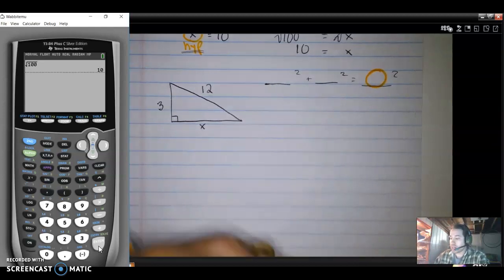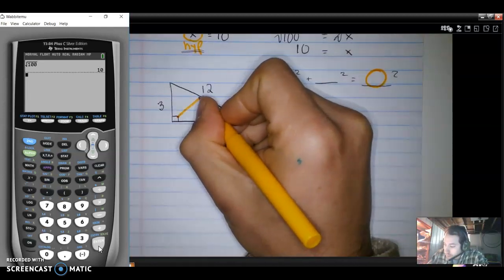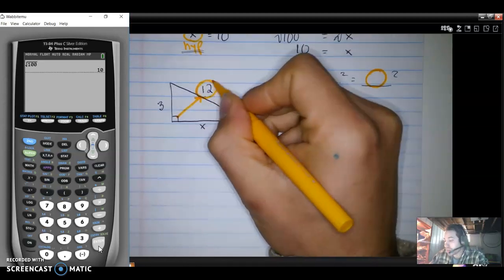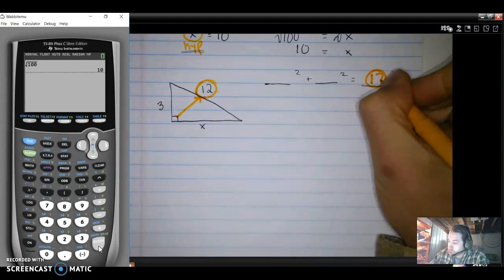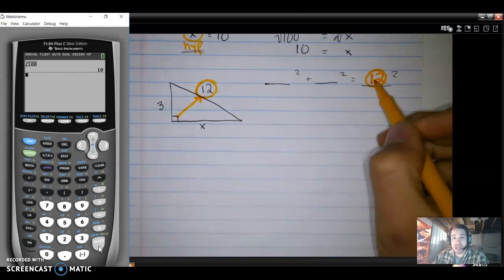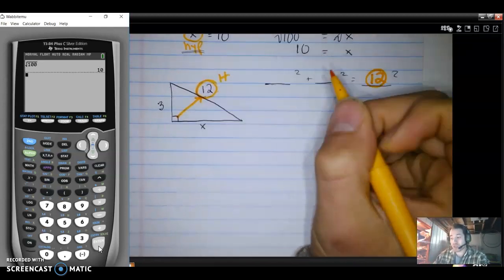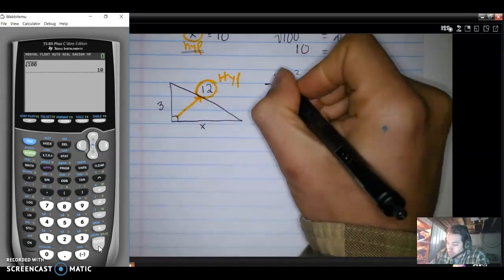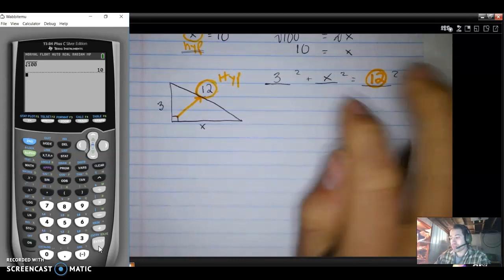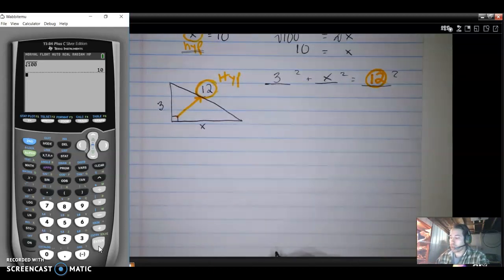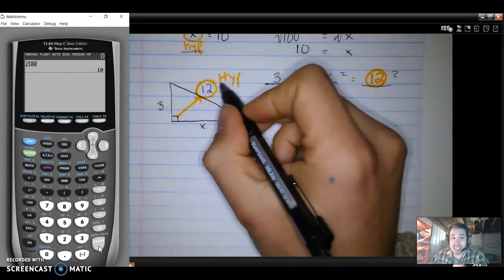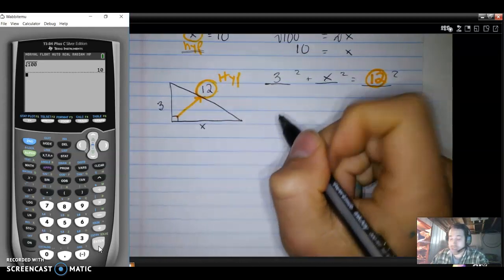That's our special side. Always draw in my arrow from the right angle. Boom, hypotenuse. Notice the x does not always have to be the hypotenuse. We label the hypotenuse first, then we fill them in. 3 squared, x squared, and again, those two could be switched as well. Make sure, and I cannot emphasize this enough, the hypotenuse must be by itself.